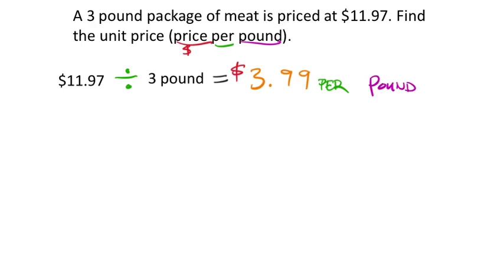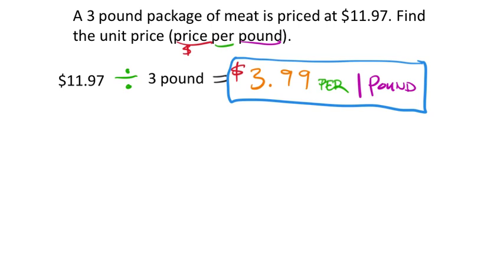Now, if you really want to be specific to show that you know that it's still a rate or ratio, you can put per 1 pound. But this is how much you're going to pay for 3 pounds if the unit price is $3.99 for 1 pound. But again, the critical part here that I'm trying to express is that we need labels in our answers when it gives us or asks for a unit price.